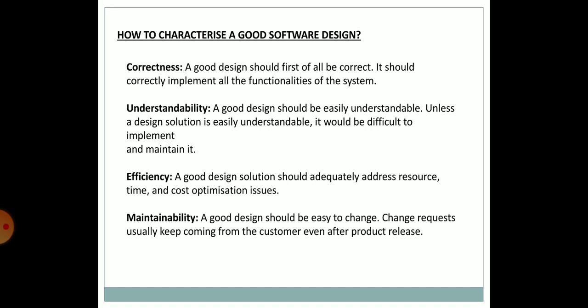This is an important requirement, since change requests usually keep coming from the customer even after product release. Even after the delivery of the product, change requests may keep coming from the customer continuously. So it should be easily maintainable. Also, as we said earlier, understandability of a design is a major concern in the design process.